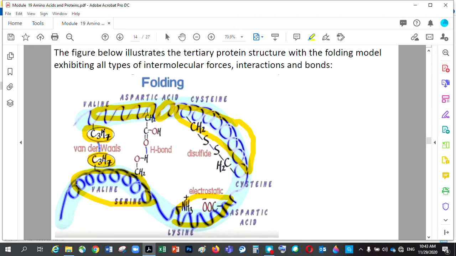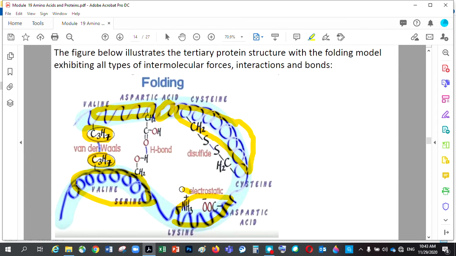This is the dispersion forces, or London forces, or van der Waals forces. Not polar, correct? We can call this one hydrophobic interaction. Now, if we have hydrophobic interaction, we have hydrophilic or ionic interaction.